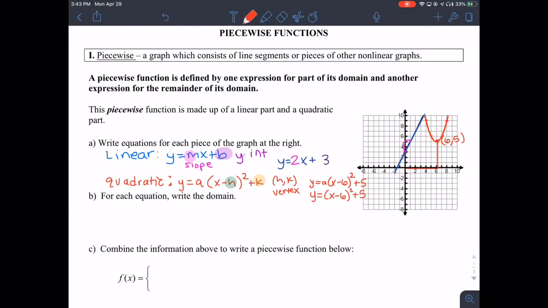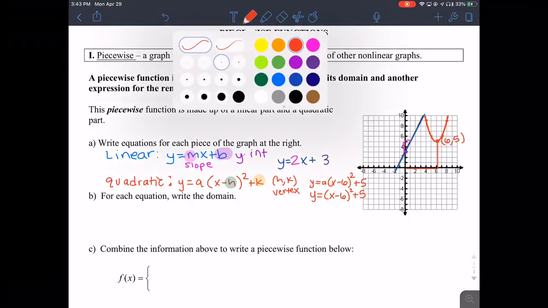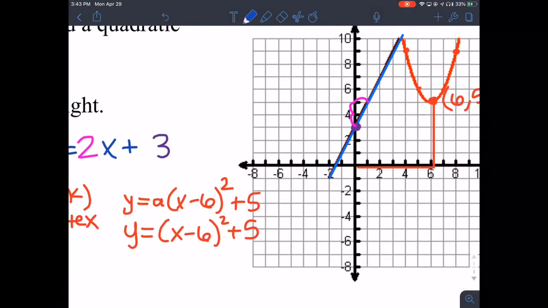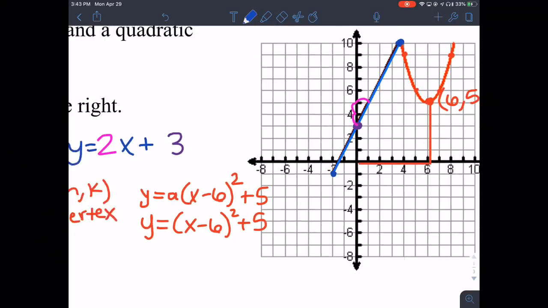Now I have my linear equation and my quadratic equation. We're going to look at the domain for each of these. The linear function, notice, starts when x is negative 2. It then goes all the way until x is somewhere between 3 and 4.